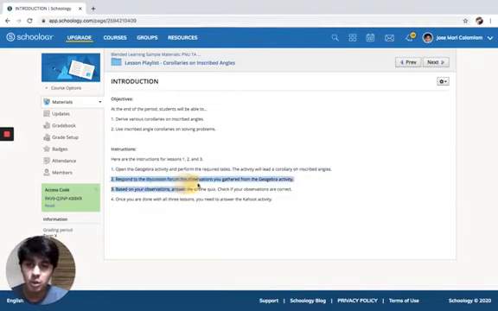Then they're going to respond to a discussion so that they know whether their observation is correct or not. They will check their observation by answering an online quiz with an automatic checking mechanism. After all the lessons are done, they will answer a Kahoot activity, which will summarize all the corollaries that they discovered in this lesson playlist.